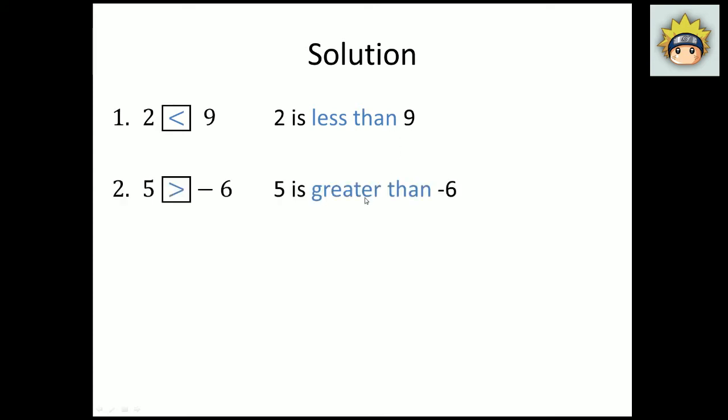Here's the solution. We say that 2 is less than 9 because 2 falls less than the value of 9 on the number line. We say for number 2, 5 is greater than negative 6. So we use the greater than symbol.